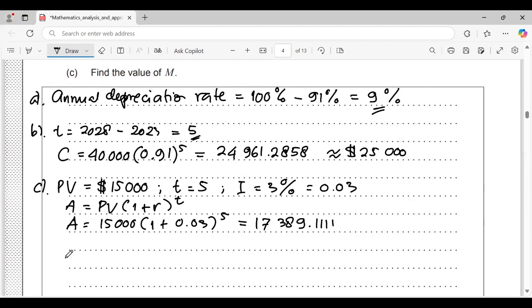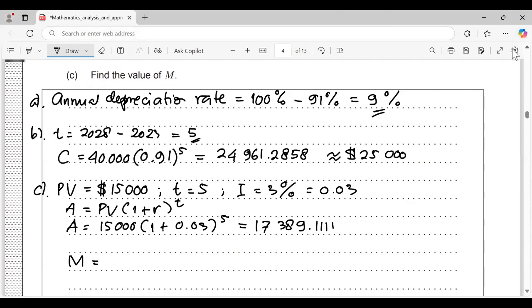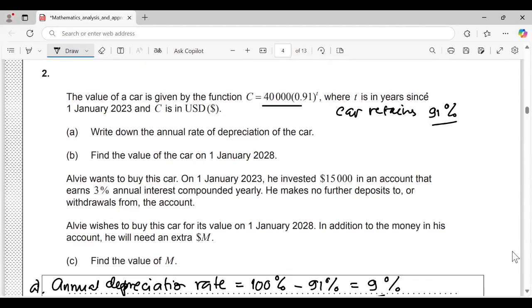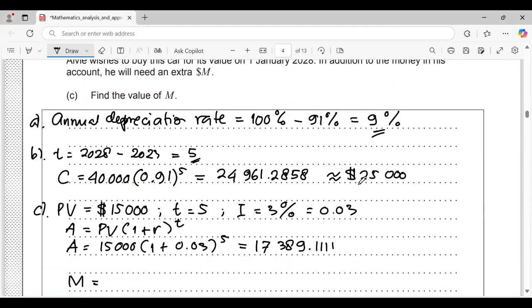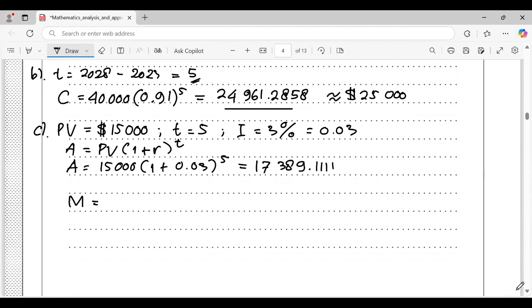Then we can calculate M. M is the car's value minus A. The car's value we calculated in part B: 20,961.2858 minus 17,389.1111.